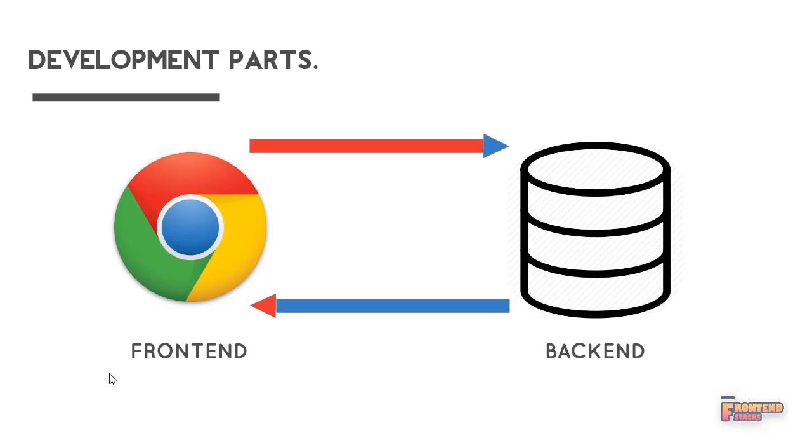And the back end is what happens in the background, especially when you go to a website that requires you to log in. You see a text input where you type in your password and your username. Whatever you type at the front end is validated by the front end with JavaScript and CSS.